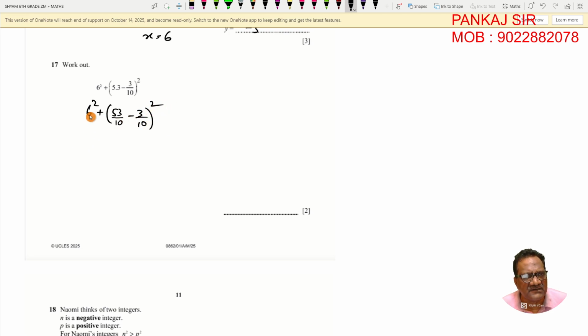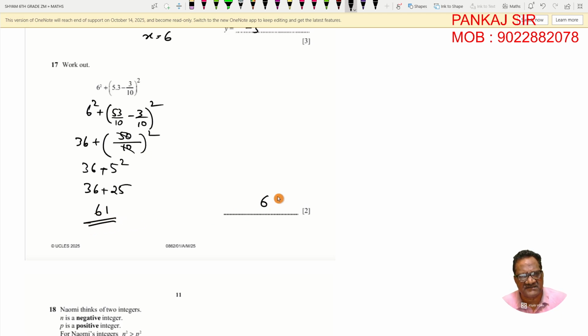So this will be 6 square, which is 36, plus, now here both the denominators are the same, so the LCM will be 10, and this will be 53 minus 3, that is 50, the whole square. So this will work out to 36 plus, now 50 upon 10 is just 5, so it will be 5 square. So it will be 36 plus 25, and that works out to 61.